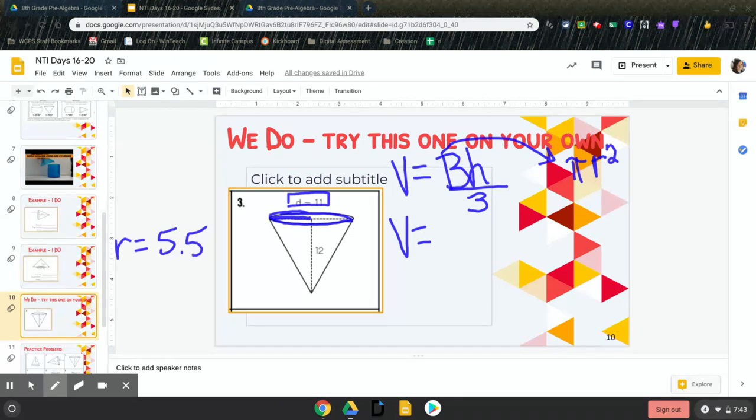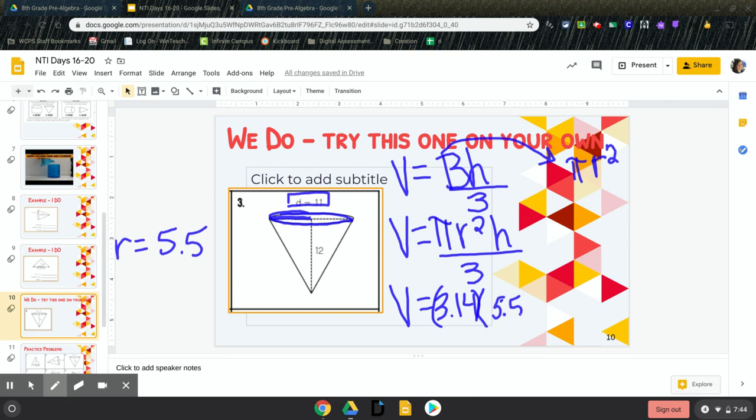So volume is equal to pi r squared times the height divided by 3. So volume is equal to 3.14 times 5.5 squared times our height of 12 divided by 3.